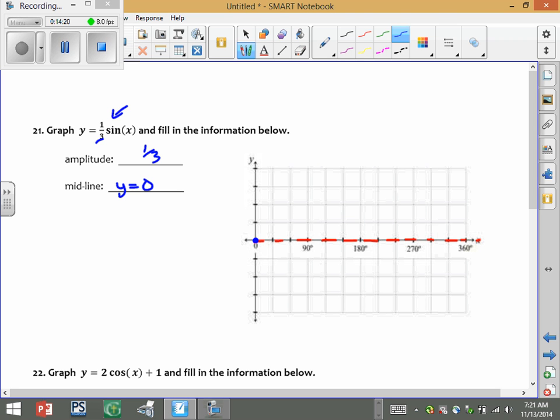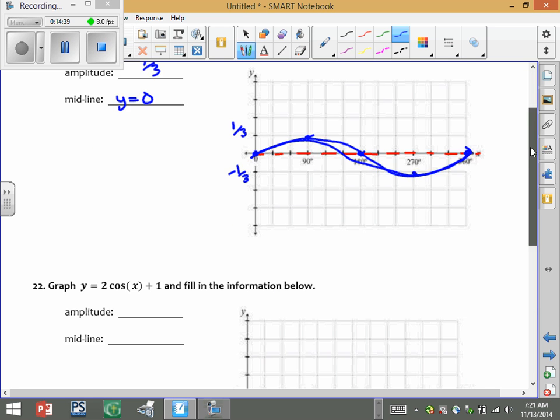So start at 0. We'll call this 1/3, and that negative 1/3. Go up to 90, back to 0, down to negative 1/3, up to 360. Oh, I missed my point just a little bit there.